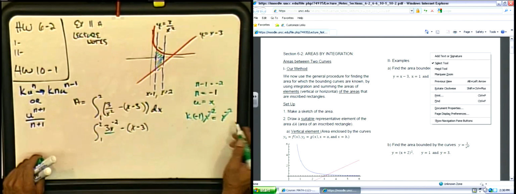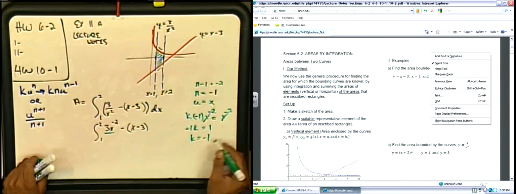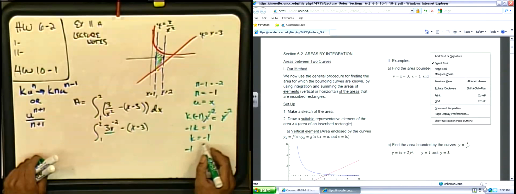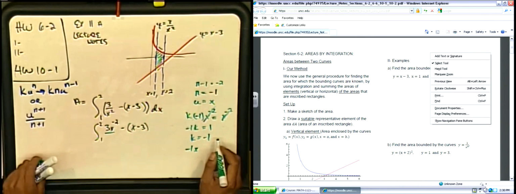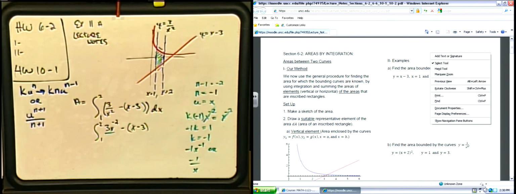These cancel, so k equals negative 1. So rewrite it as negative 1 x to the negative 1, or negative 1 over x, is the antiderivative of this.